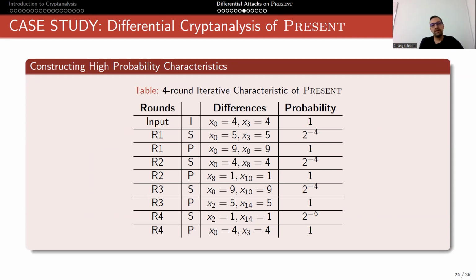Now that we have a DDT, how can I use it to find a distinguisher for PRESENT? Here's an example. Attackers do the following. They say, let's assume that we have 2 plaintexts, but their XOR difference is only 4 in hexadecimal notation, corresponding to S-boxes 0 and 3.